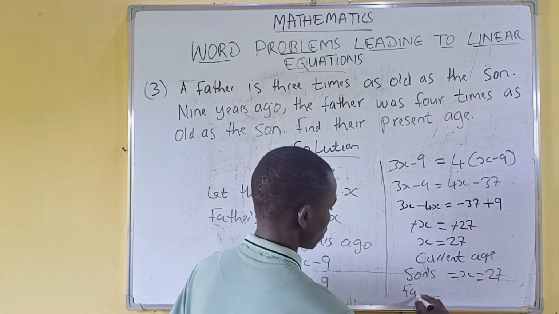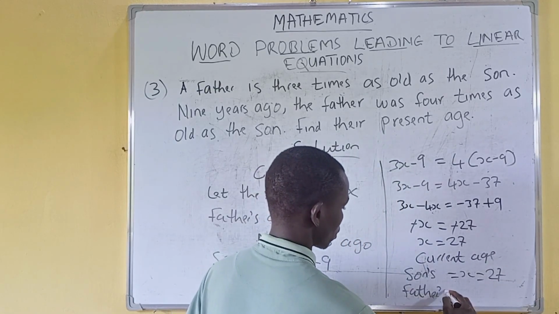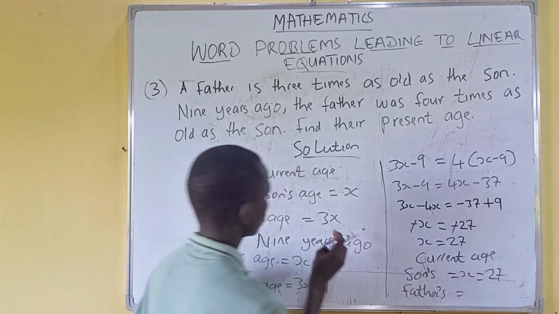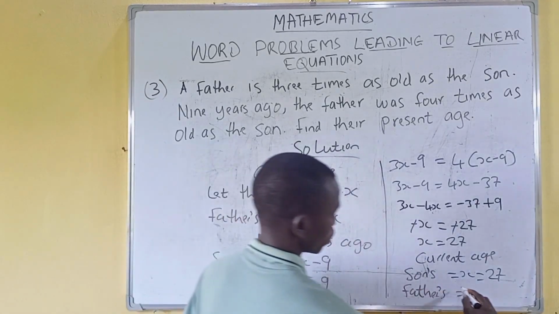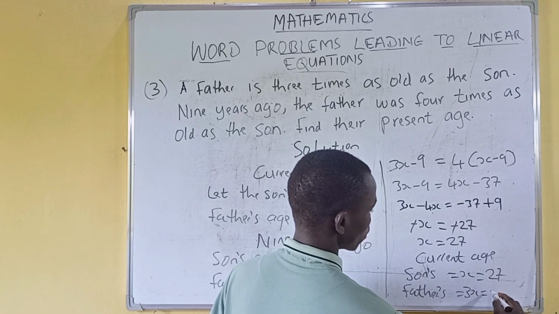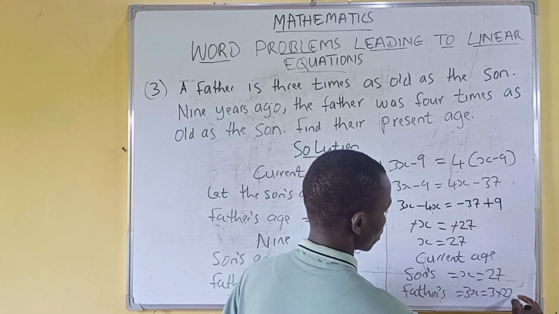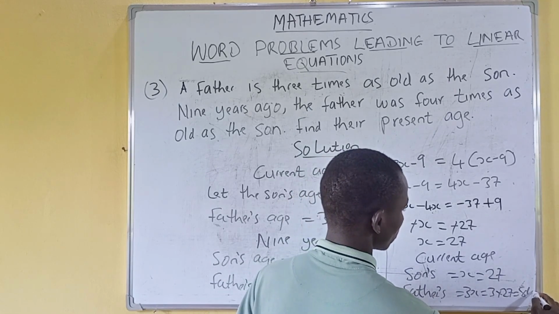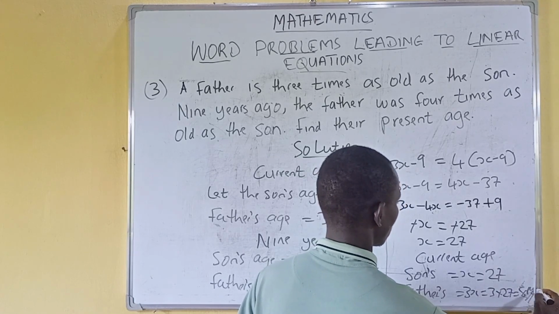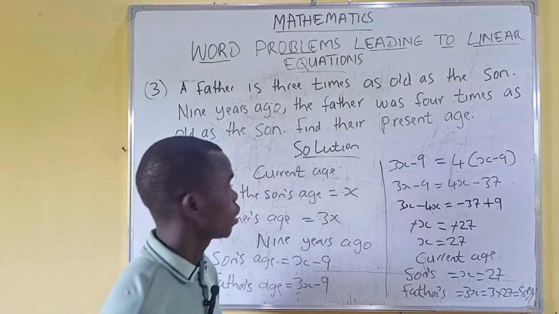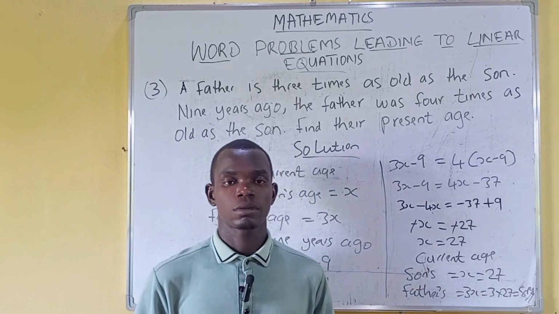While the father's age is equals to 3S, which is equals to 3 times 27, we have 81 years. This is our answer to this question.